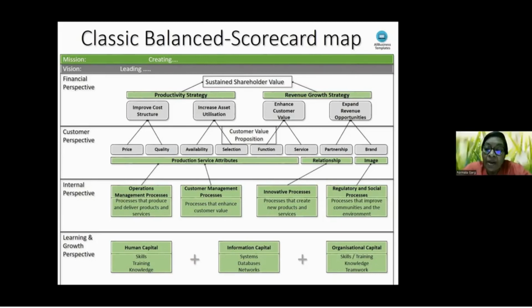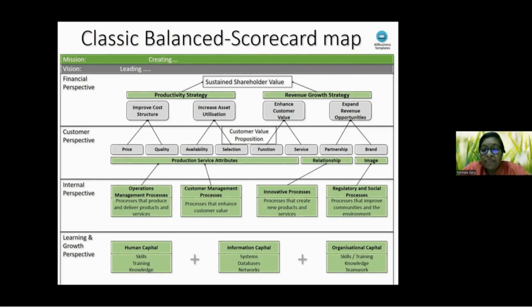Okay. Now, having said that, how do we convert these objectives? What are the business drivers I need to focus on to translate into whatever I have promised? So you will have to look at all your internal business processes, which you have done.